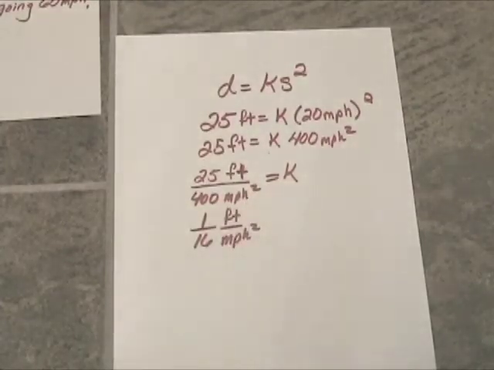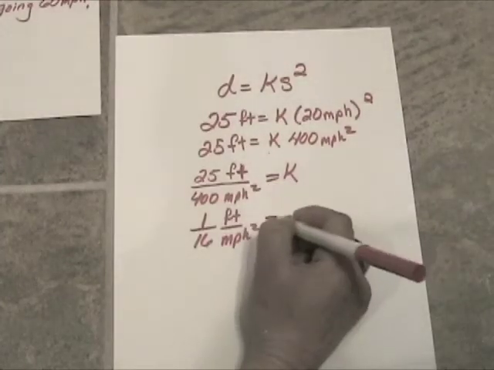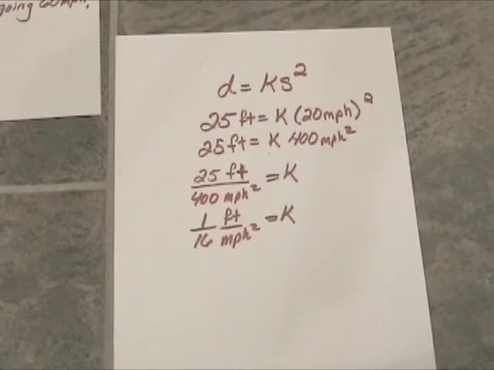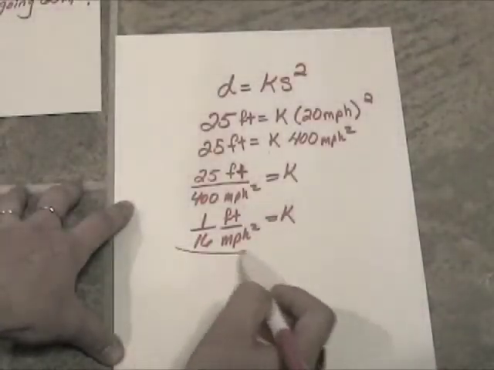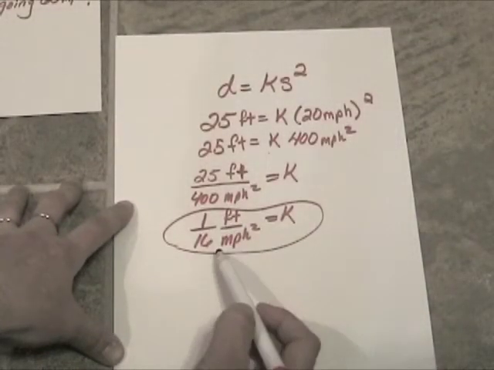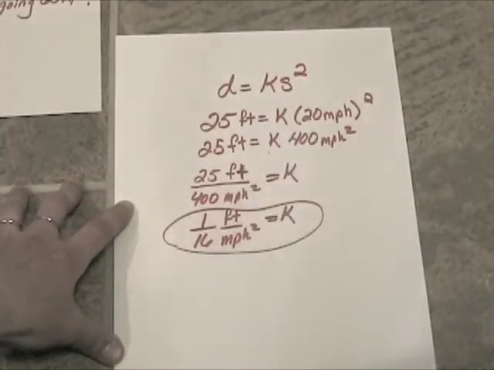I left the units on so that you could see how this works in the problem for the 60 miles per hour question. Now that we know what K is, we can plug that in and plug a speed of 60 miles per hour in and get our distance.